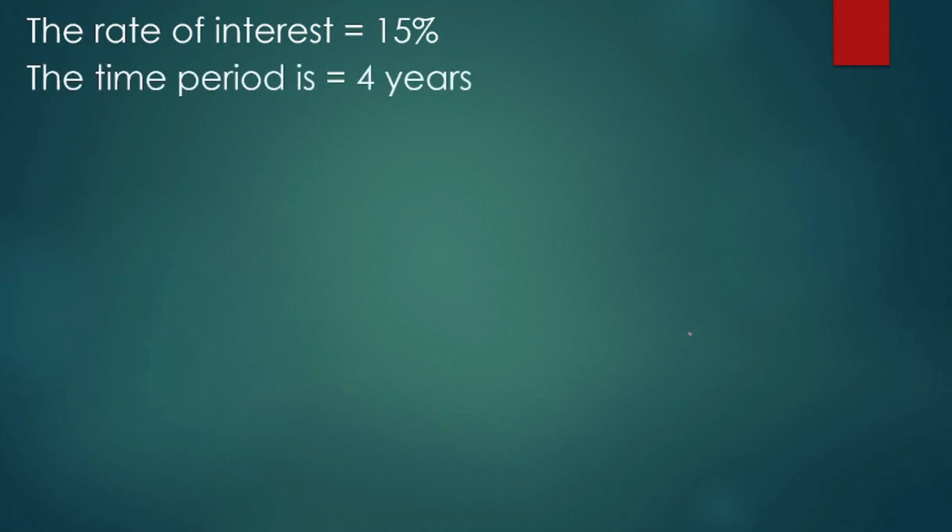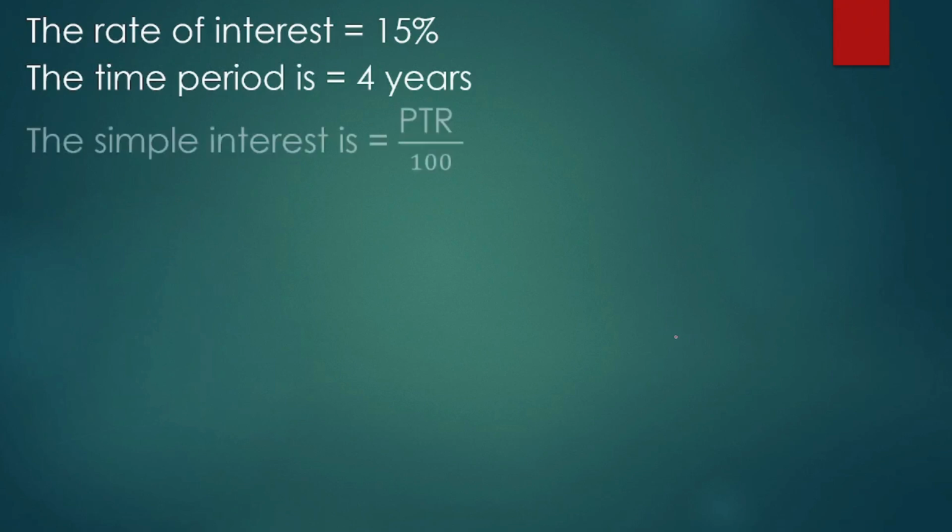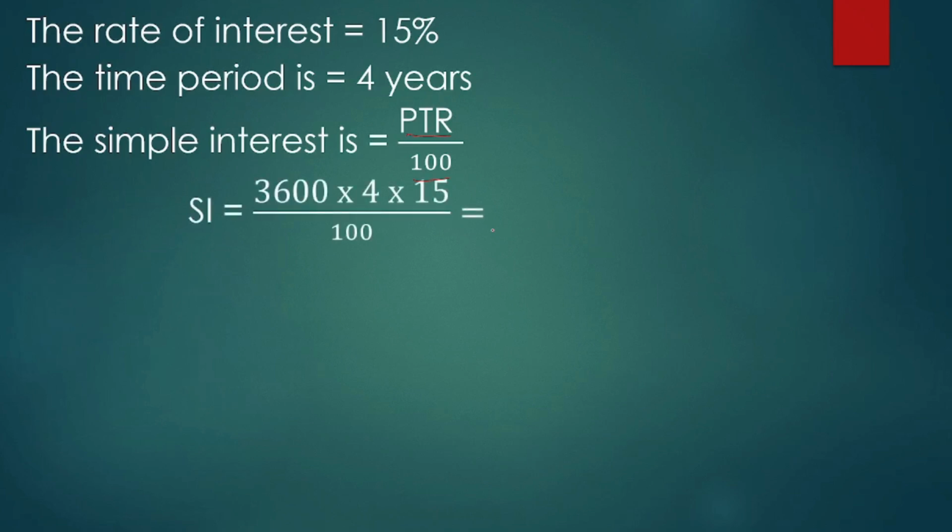Now we use the rate of interest, 15%. For 4 years, how much interest will there be on his borrowed amount? The simple interest is PTR by 100. The principal is 3,600, the time period is 4, and the rate of interest is 15 by 100. So these two zeros and these two zeros cancel.